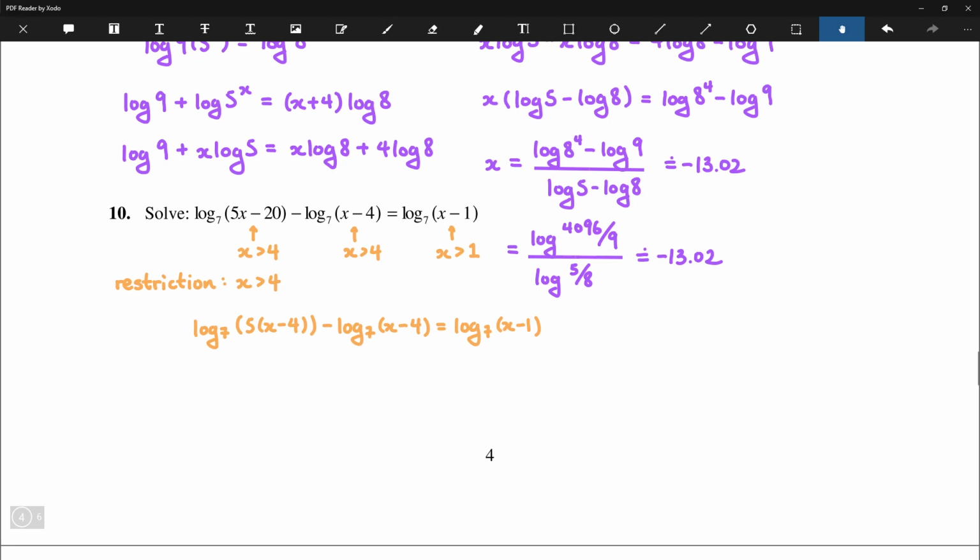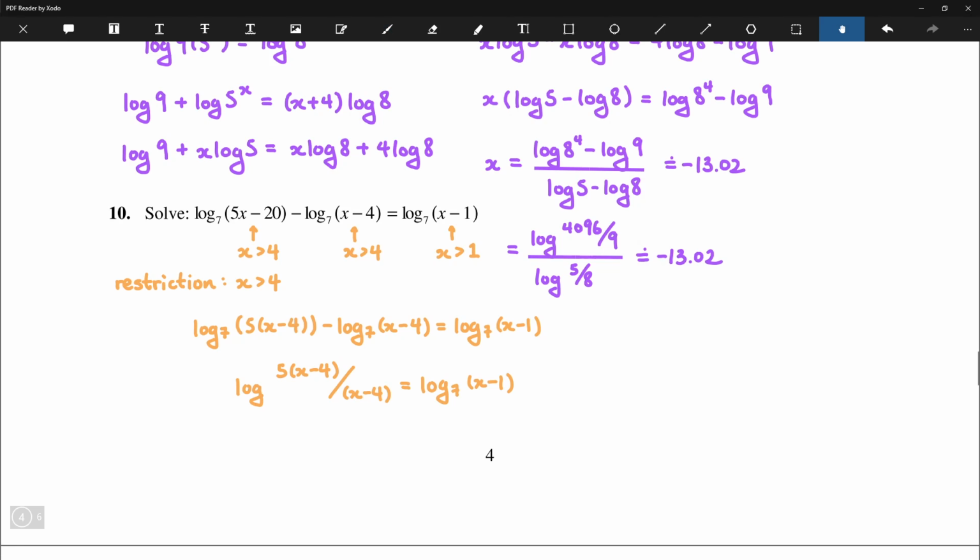Now on the left-hand side, we can divide the two arguments and combine them to make a single logarithm. And the right-hand side, not much simplification can happen here, so we'll just leave it as x minus 1.